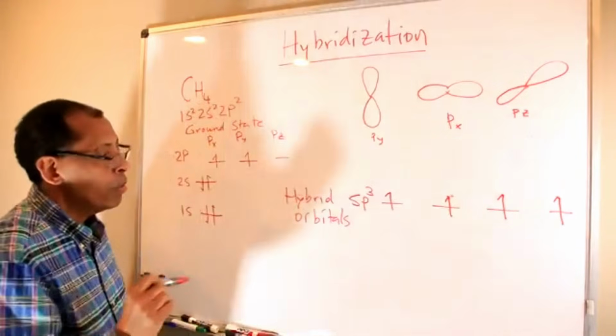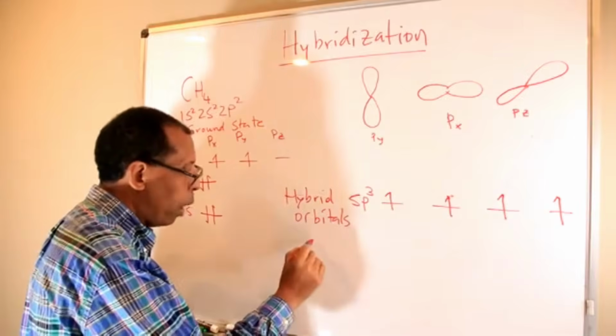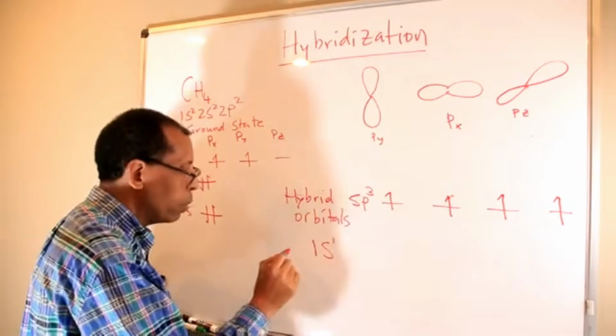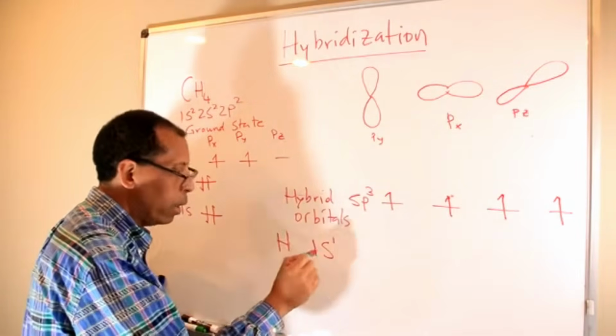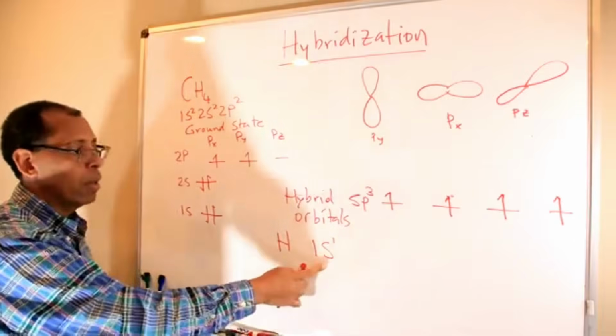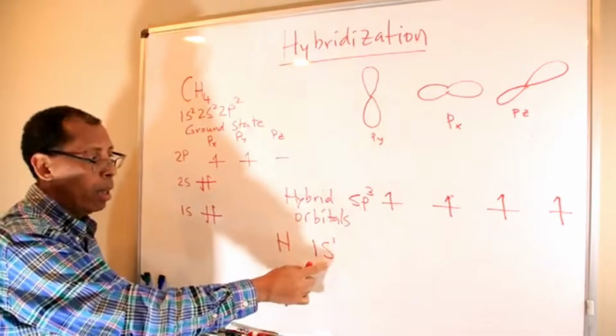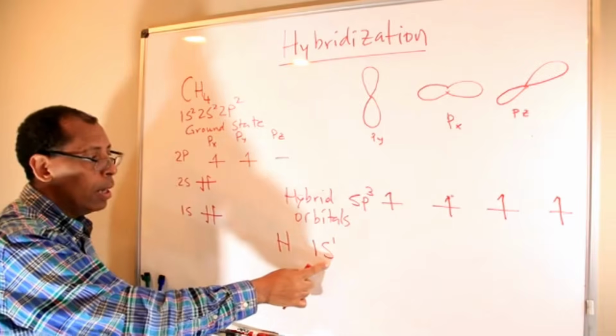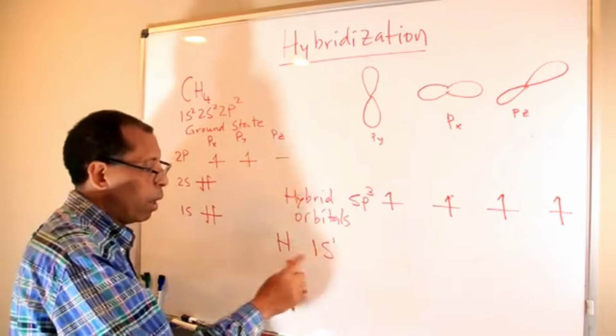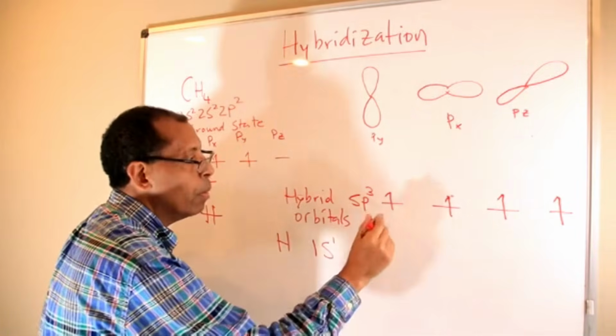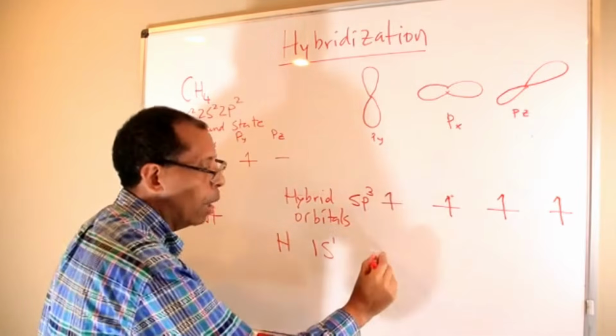Now, since you have one s1 in hydrogen, right? Hydrogen has 1 electron in its valence shell. Now, if you bring 1 hydrogen here, you are pairing up.